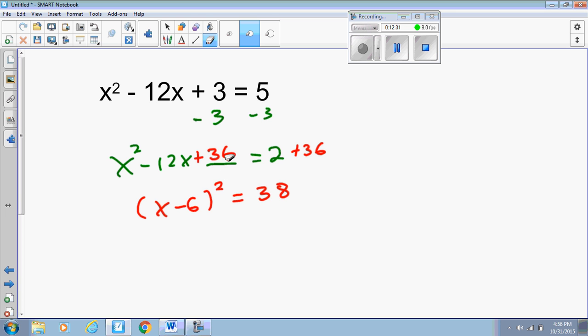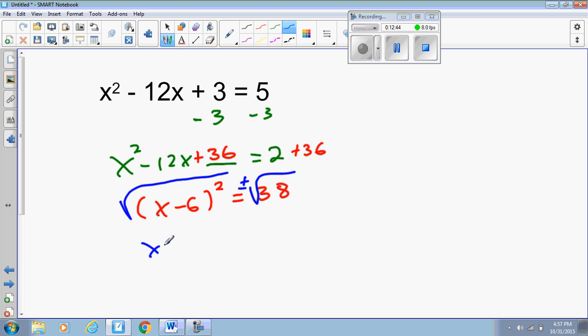I have to take the square root of both sides here. So I'm going to take the square root of the left side and the square root of the right side with a plus or minus in front of that. Remember, when you take the square root of both sides, you need a plus or minus. So x minus 6 equals plus or minus the square root of 38.